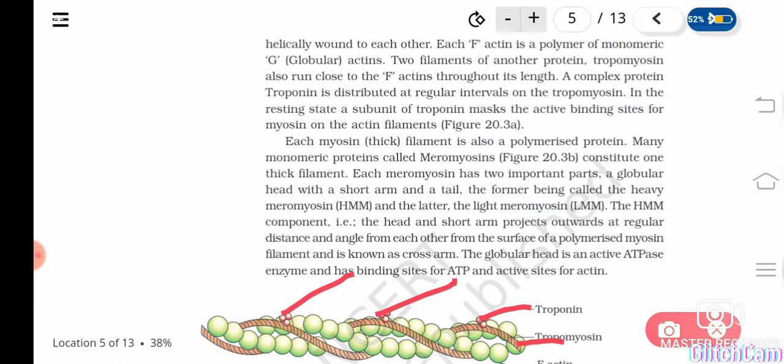So these all are troponins. Troponins are also distributed at regular intervals on the tropomyosin. Understood? And in the resting stage, meaning when the muscle fiber is not in action, the actin filaments will have a subunit of troponin that masks, which covers the active binding site for the myosin on the actin filament.